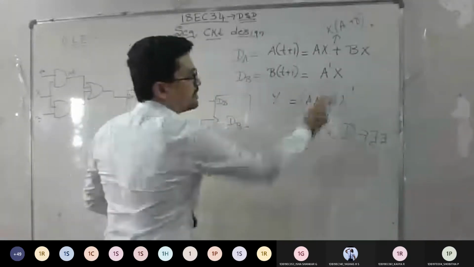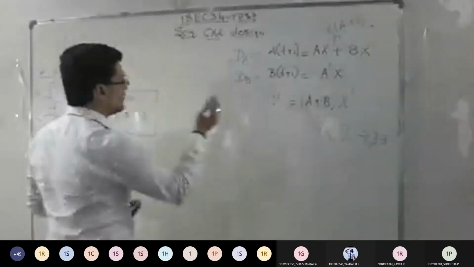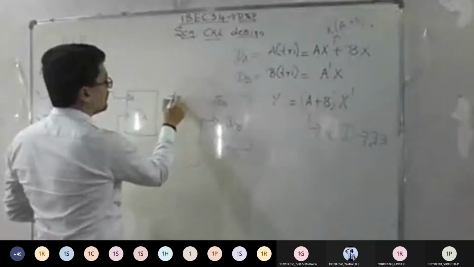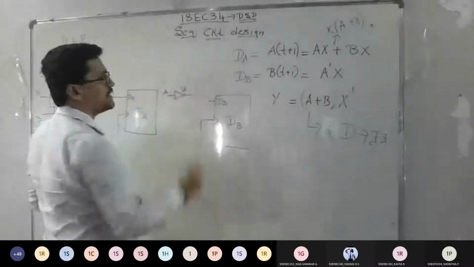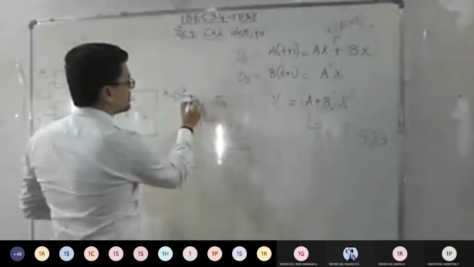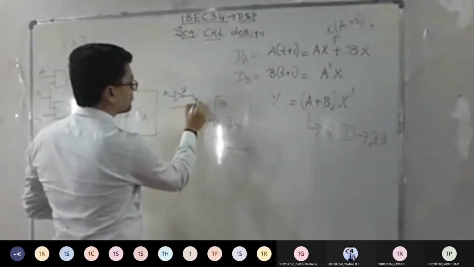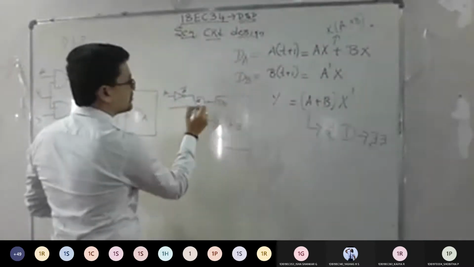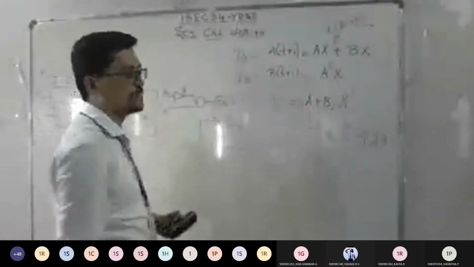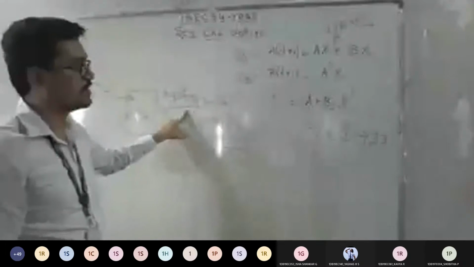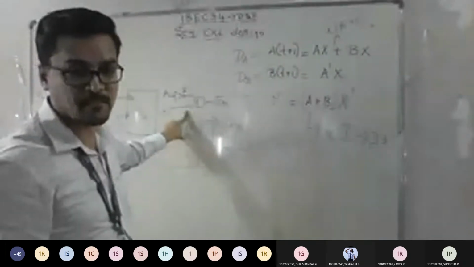So before giving this combination to the AND gate, I need a logic where A is fed to my NOT gate to get A bar. So then these two combinations are given to which gate here? AND gate. From that, I can get my DB also. So is it A bar X? Am I clear?